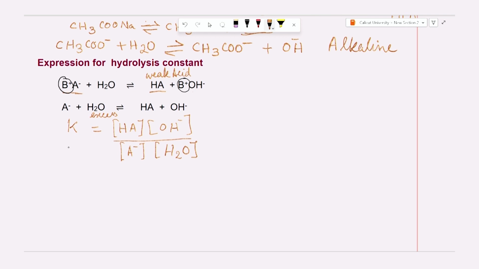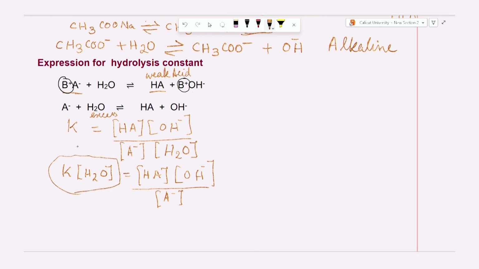So, I am going to take K into concentration of H2O, which is equal to concentration of HA into concentration of OH minus, whole divided by concentration of A minus, and this factor is considered as the hydrolysis constant Kh.